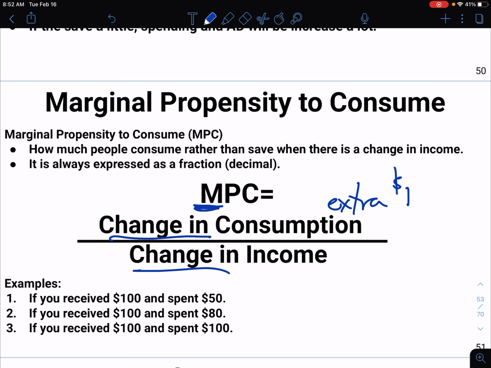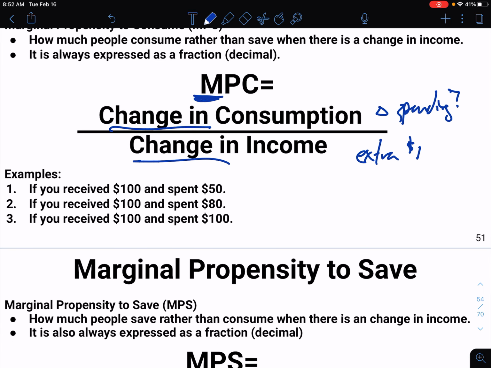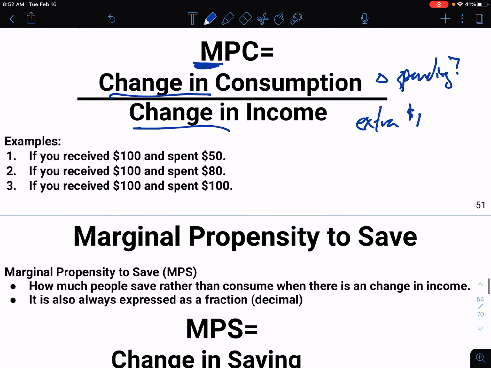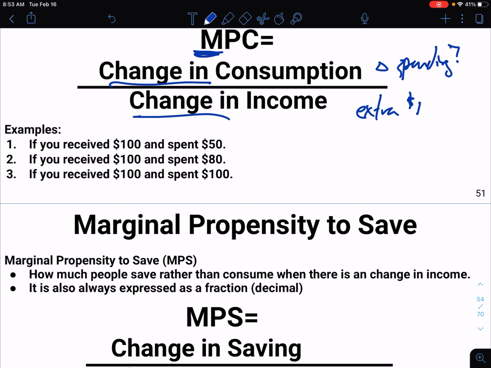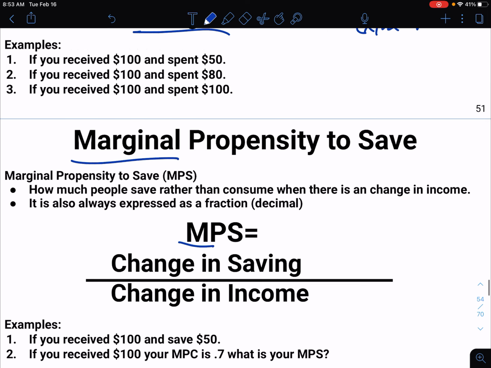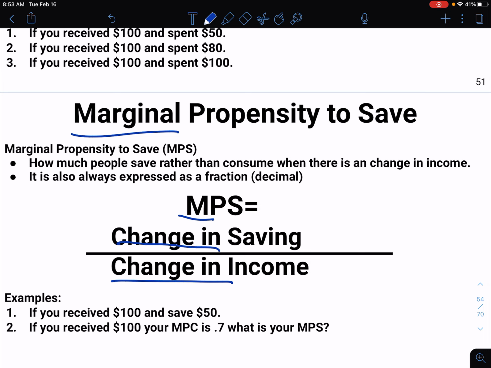So when you get an extra dollar in income, what is your change in spending? Do you spend all 100 pennies of it, or do you keep some amount? So, typically we save some amount, right? And that is why we also have what's called our marginal propensity to save. So our change in saving over our change in income.